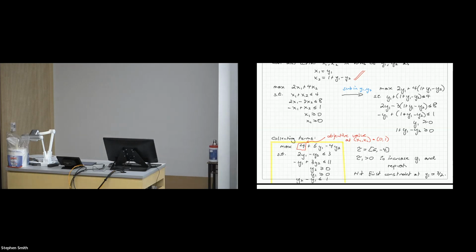Right, as you've increased the y1, the third constraint never gets violated. This constraint also never gets violated, and this one becomes active when y1 equals 3/2. Now we're at a new vertex.